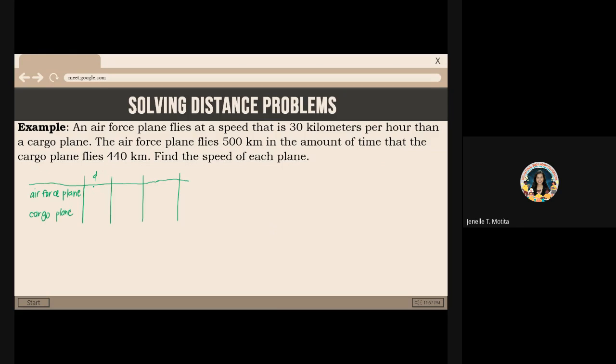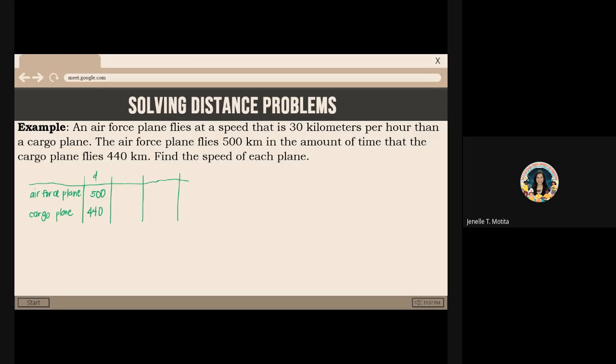So you have here 500 for the Air Force plane, and for the cargo plane, it flies 440 kilometers.